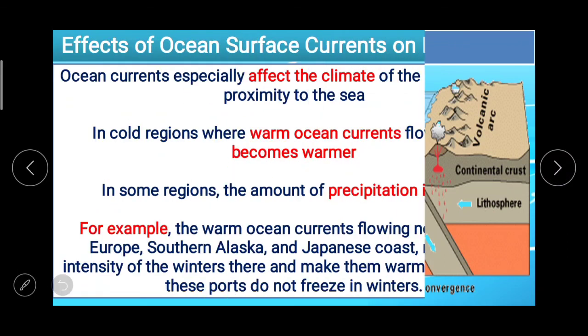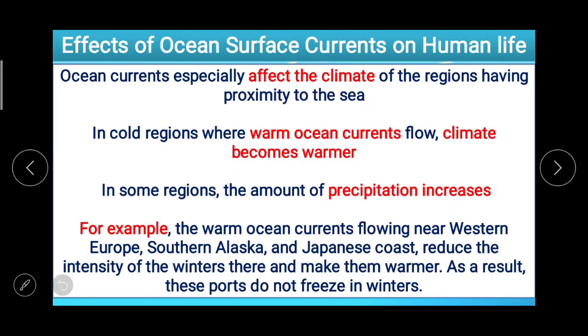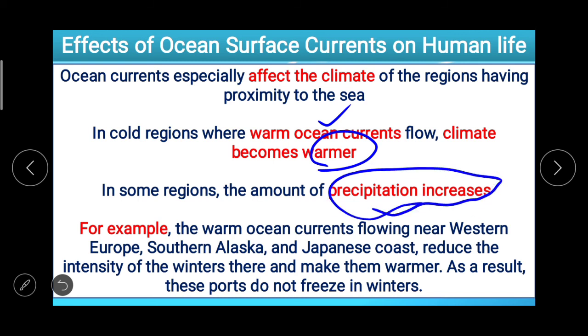Next point, effects of ocean surface currents on human life, how it affects the human life, that we are going to see. Ocean currents specially affect the climate of the regions having proximity to the sea. In cold regions where warm ocean currents flow, climate becomes warmer, and in some regions the amount of precipitation increases.